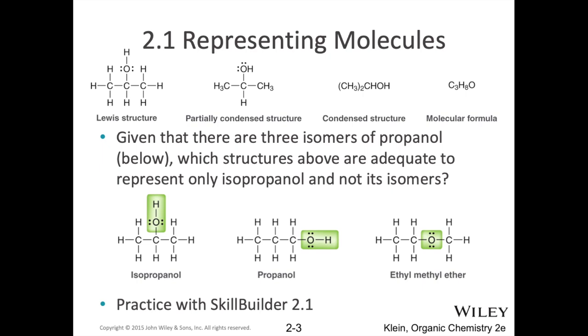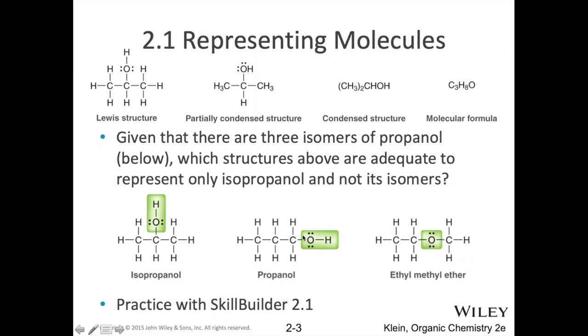Now, let's say we have three structural formulas of three isomers of propanol. Here we have what's known as 2-propanol, or isopropanol, to use the common name, rubbing alcohol, if you're familiar with that one. Here we have regular 1-propanol, and here we have an ether, ethyl methyl ether, or methoxyethane.